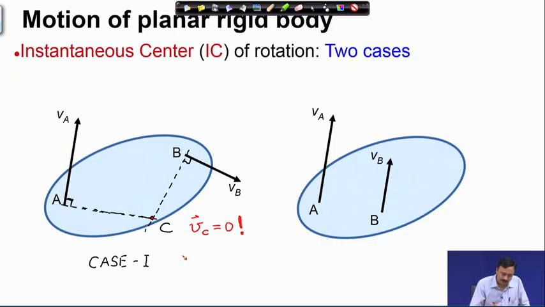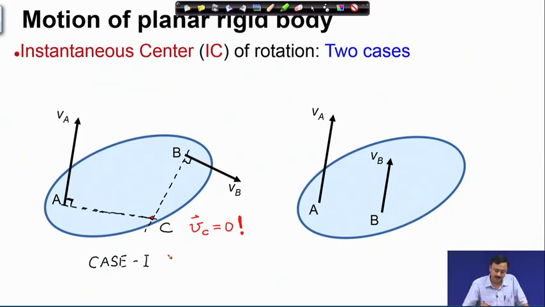Why? Because along B C there is no projection of V b, therefore the velocity of C along C b must be 0. The velocity of C along A C also must be 0, because V a also does not have any projection along A C. So, the projection of the actual velocity of C along two directions is 0.